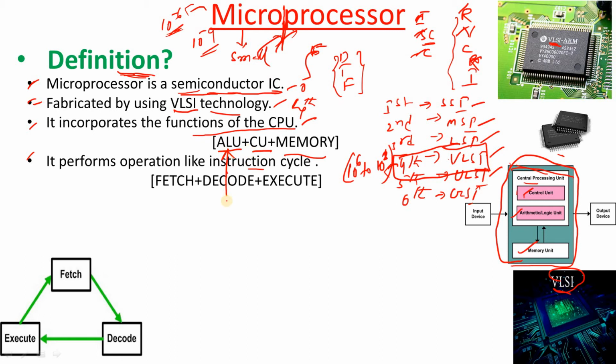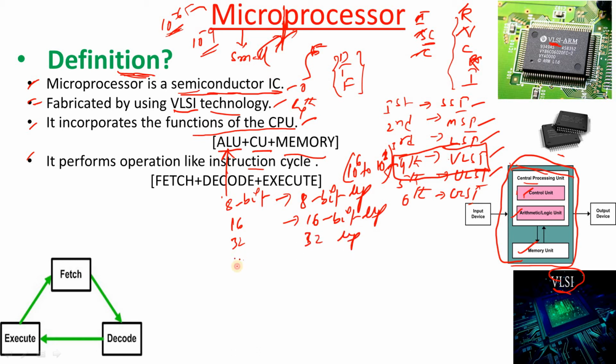Coming to one more introduction, if the ALU size is 8-bit, that means the processor is an 8-bit microprocessor. If it is 16-bit, the processor is a 16-bit microprocessor. If it is a 32-bit ALU, it is called a 32-bit microprocessor.